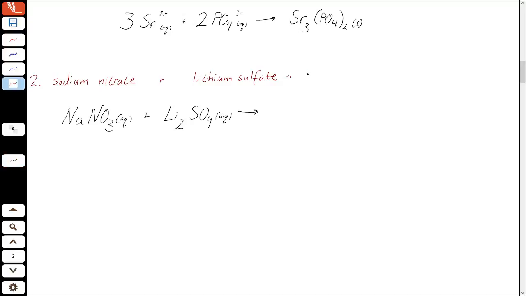So that's going to give us sodium sulfate and lithium nitrate.